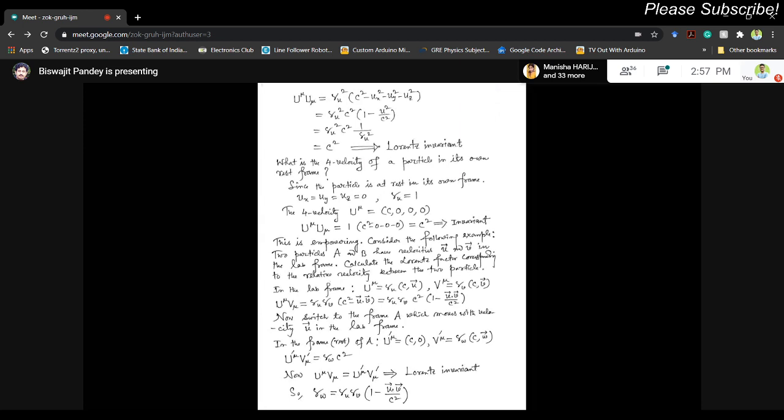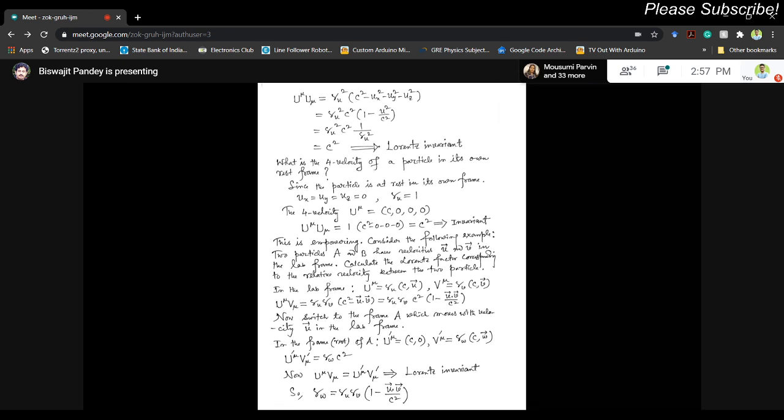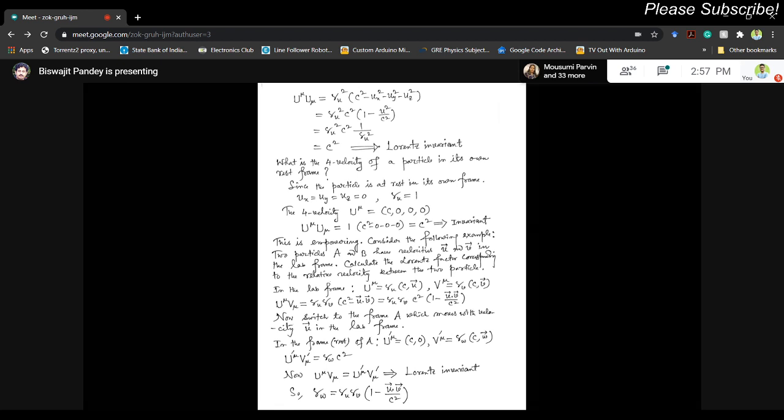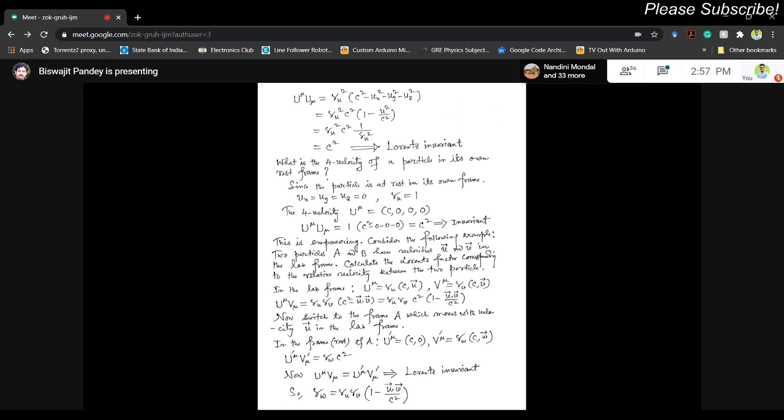One thing which I have not mentioned and I would like to mention here is that not only the scalar product or dot product of a four-vector with itself, but the dot product or scalar product between any two four-vectors is a Lorentz invariant.